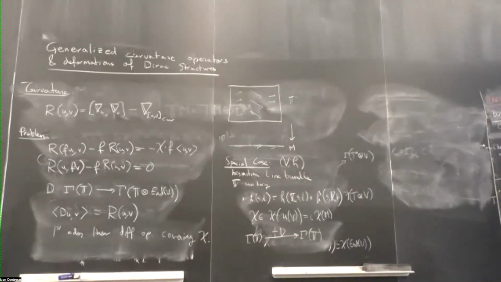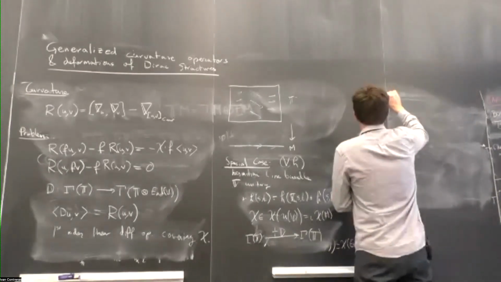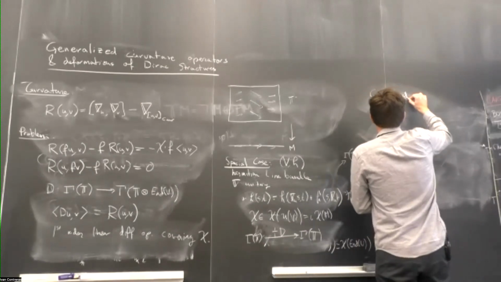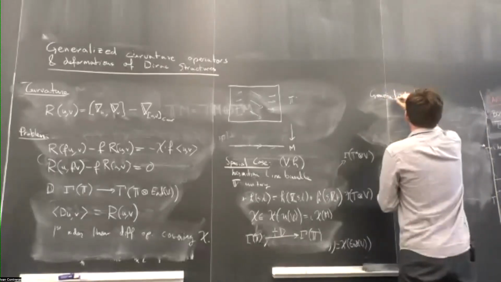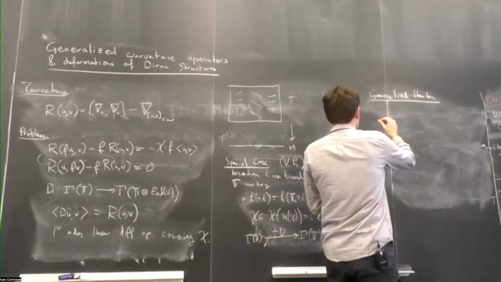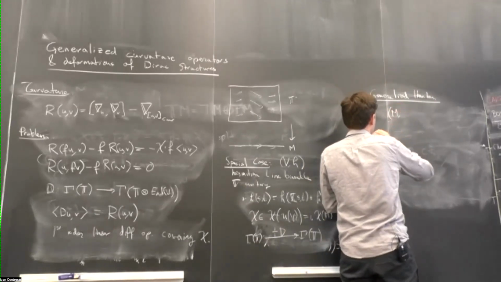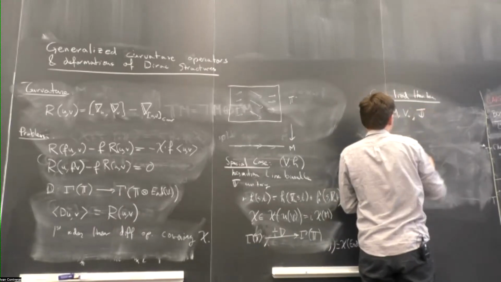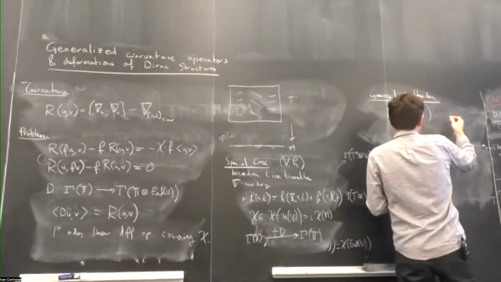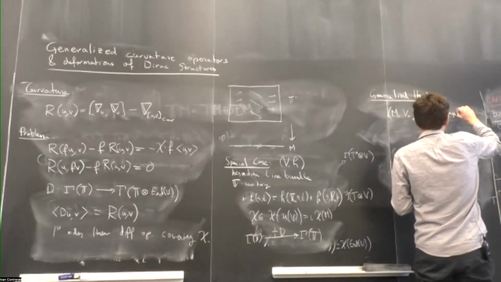So let me show you, for the rest of the talk, an example of how you get one of these line bundles coming from a metric. So this all takes place in the setting of generalized Hermitian or generalized Kähler geometry. What is a generalized Hermitian structure? You have some manifold, you have a generalized metric, and you have a generalized complex structure, where you have some compatibility between the two.